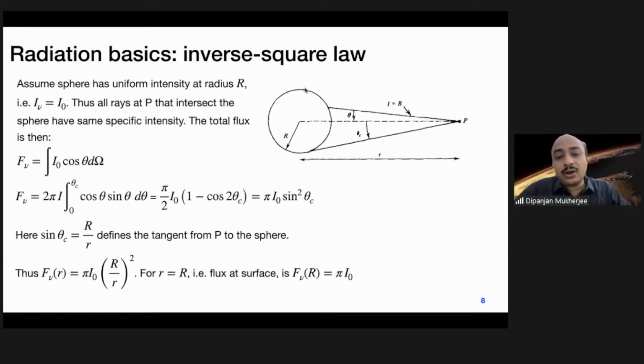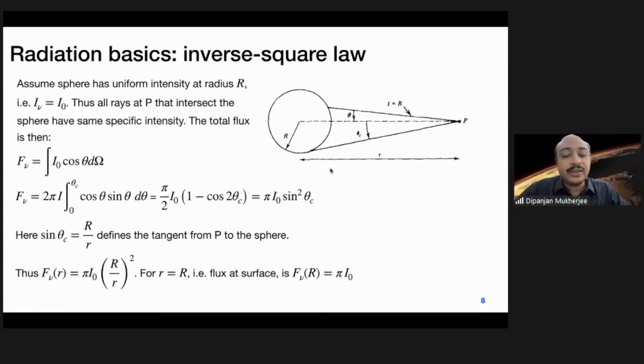Of course, not all areas of the sphere will contribute rays to the point P. The point P will only see points from the sphere up to which there is a tangent. For example, this particular point will not contribute any ray to P, because the rays are all coming out perpendicular to it. Or you can think of it in a different way: if the intensity is I here, then the normal to this component has no contribution.